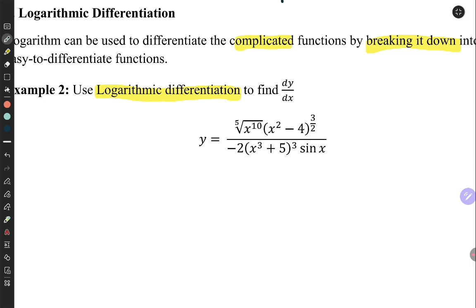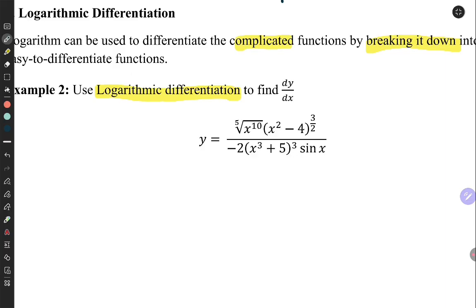Still a y there. Okay, you have that. So every time I see a product, I see a division, I can do that. I see a product here, a product here, a product here, a division over there. I'm gonna apply that. But in order to apply that, I need this thing.